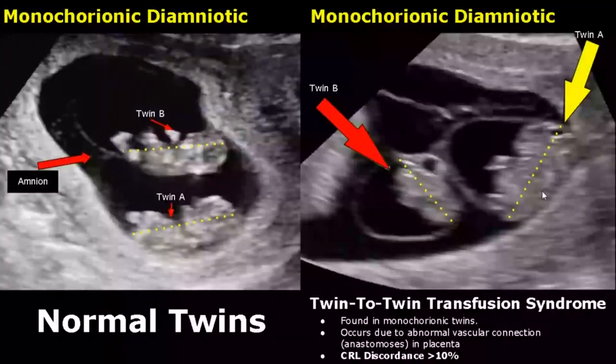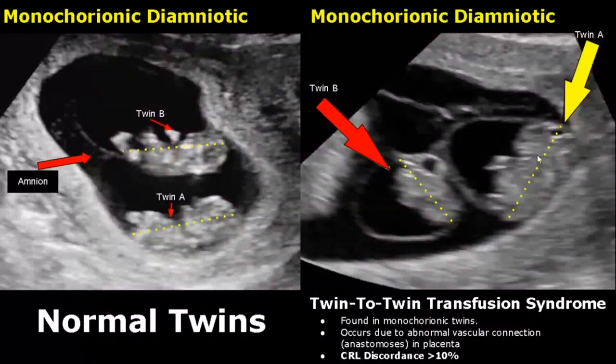Twin-to-twin transfusion syndrome is a complication found in monochorionic twins. It occurs due to abnormal vascular connection in the placenta. It has many features. In the first trimester, we may start to see a discordance between CRL of the twins.